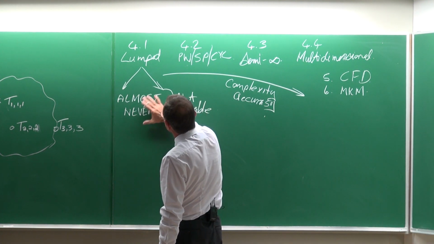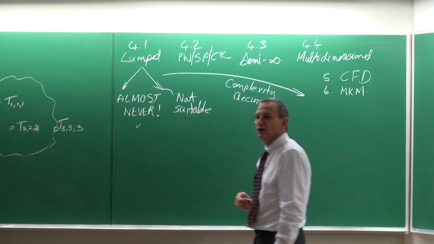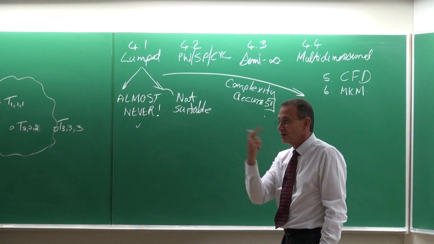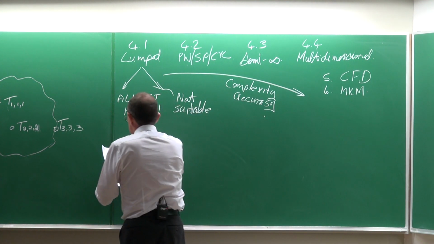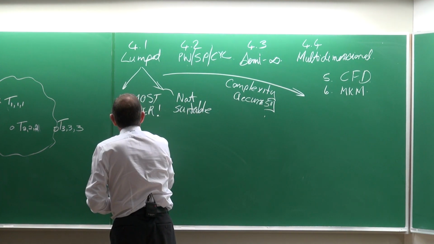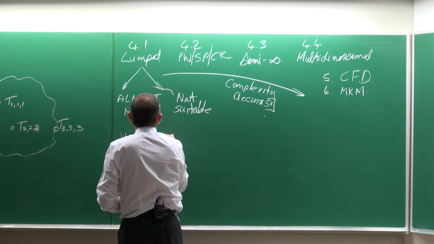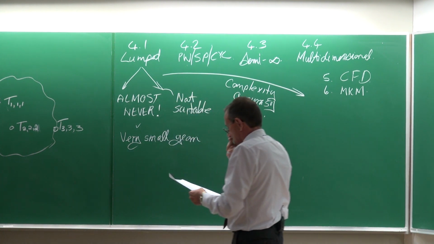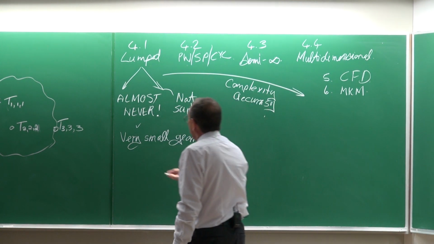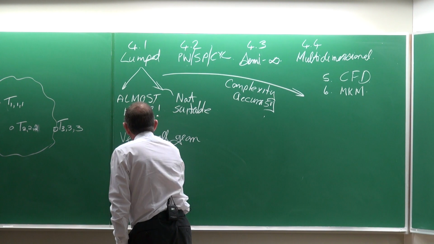So when is this approach going to be valid? Well, in general, there are two guidelines that we can use, and that is normally to say it is very small geometries, and high thermal conductivity.